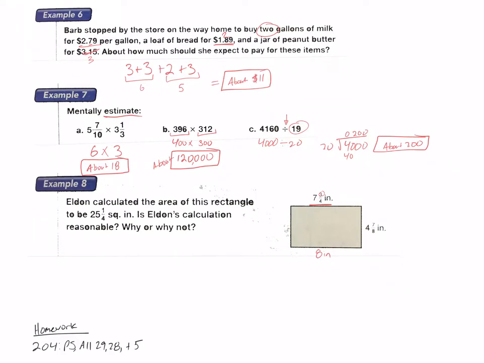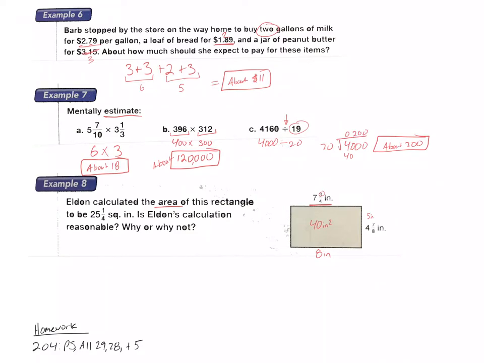And then over here, this is 7/8. Half of 8 is 4. So since that 7 is bigger than 4, I'm going to say this is about 5 inches. So to find the area, remember we just multiply length times width. So I'm going to say 8 times 5, and that gives me 40 inches squared.